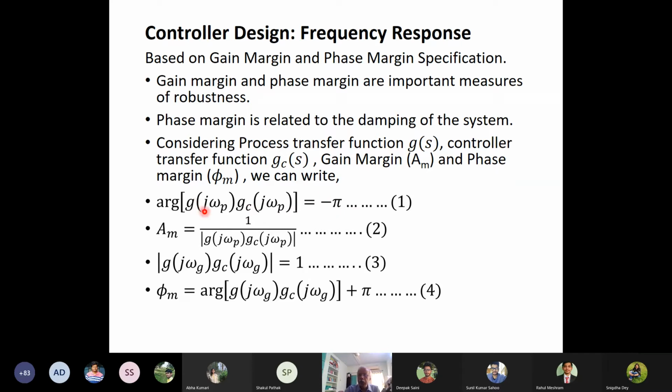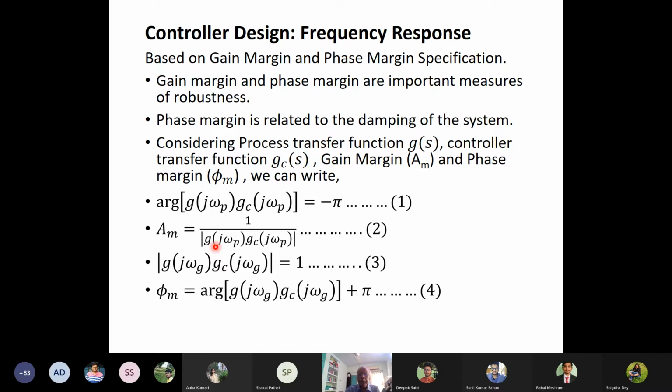The phase crossover frequency is where the angle of this open loop transfer function G times G_C is minus 180 degrees, or minus pi. So this is one equation: the argument of G(j omega_P) G_C(j omega_P), which is the open loop G, is equal to minus pi.